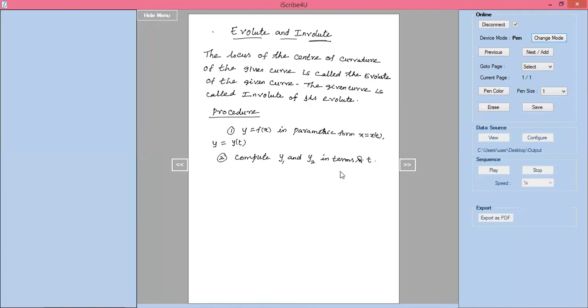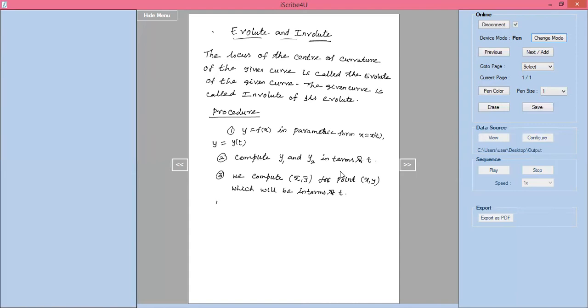Next, third point, we compute x bar comma y bar for the point x comma y, which will be in terms of t.